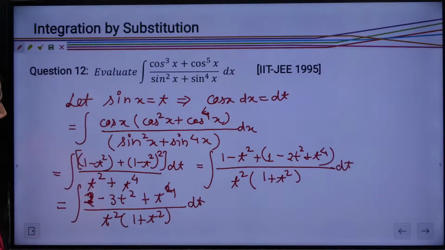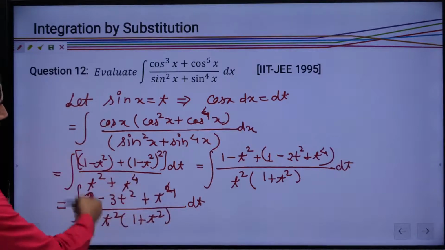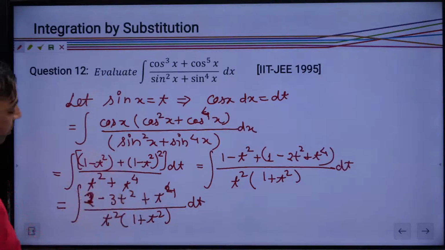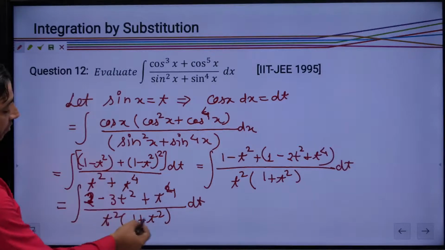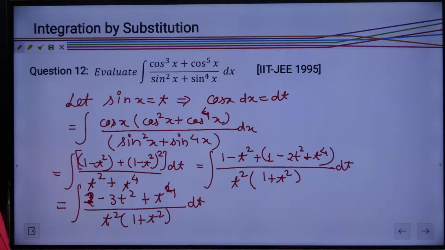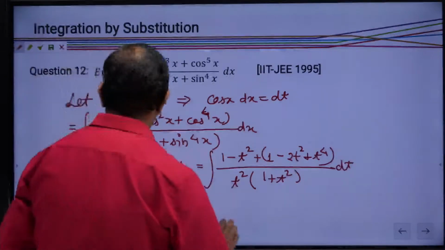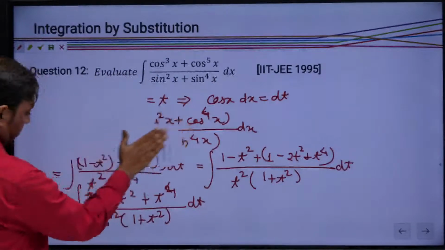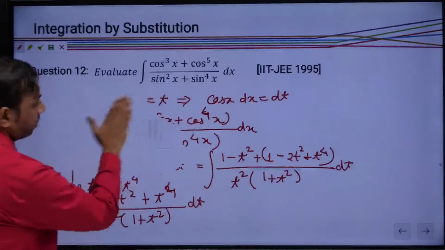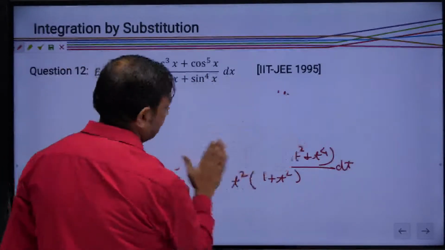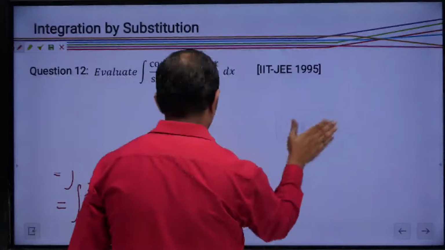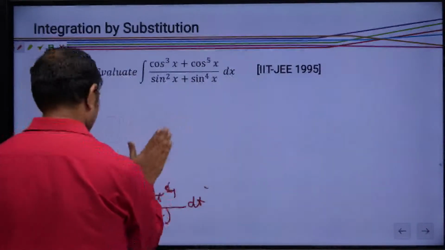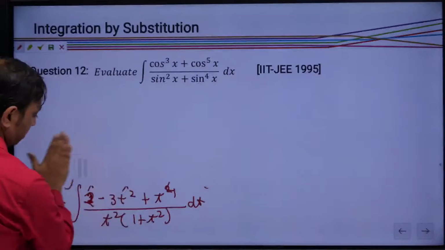Okay, so now we need to do some division process here. We need to simplify the given term. With the term we have in the numerator, we need to divide by t square (1 plus t square) as the division process, and we'll reach a simplified term.